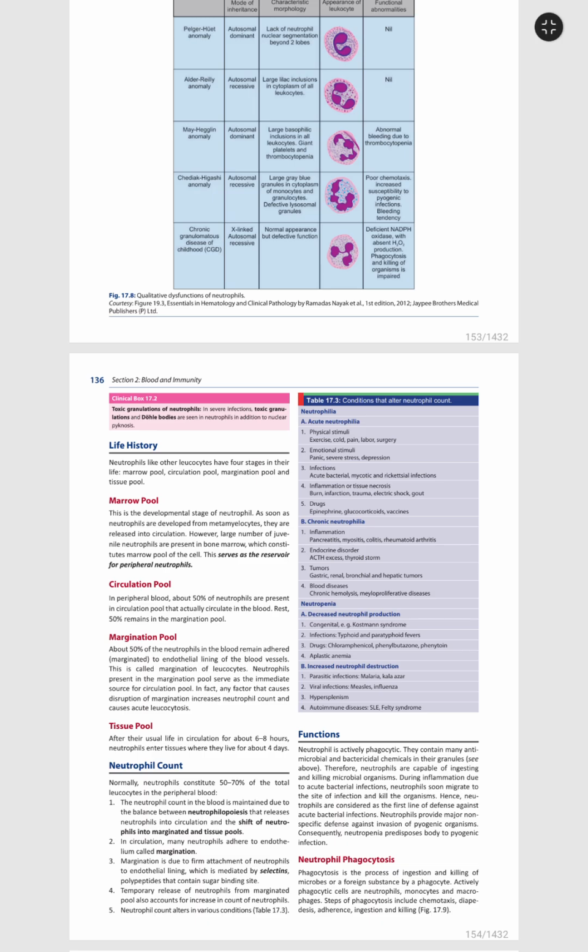What are the pathological and physiological conditions when neutrophilia occurs?